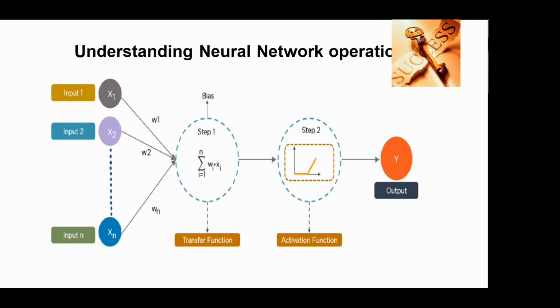w1 x1 plus w2 x2 plus w3 x3, whatever value comes, if you are using the activation function, then your value will be transferred between 0 to 1. Why 0 to 1? Because you are using one node at the output layer, so we can say that it is a binary classification problem.